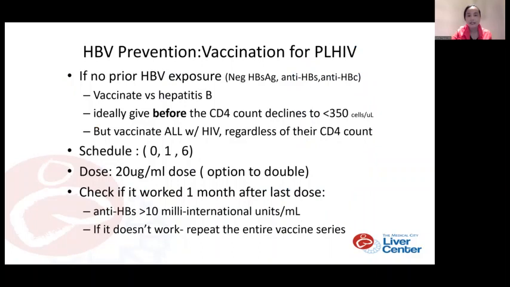So in terms of hepatitis B prevention in the setting of HIV, in a patient with no prior hepatitis B exposure, and you can mark this by looking at the important basic profile points that I pointed out to you, so your S antigen is negative, your anti-HBs and anti-HBc are also negative.